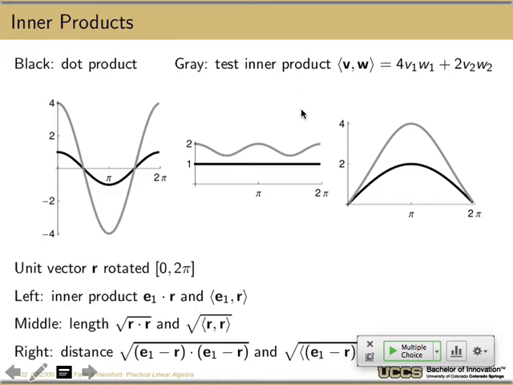Some of those things are not so obvious, because for some functions, it might make what looks like an almost straight line look like a wavy line. But sometimes that's useful, as we'll see when we start doing separators in machine learning. Sometimes I want to separate things that have a non-linear boundary between them. And by using these weird inner products, I can make a linear operator that has boundaries that seem nonlinear. They're still linear, they're just linear in a different space.